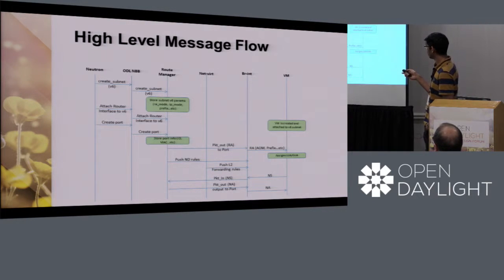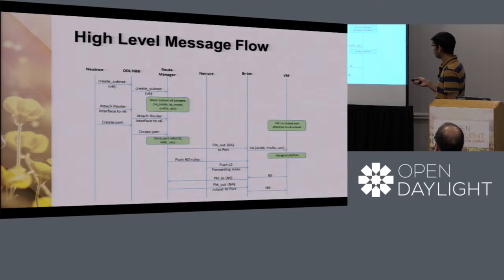The route manager will listen to all the Neutron events from the northbound side and all the OpenFlow packets from the southbound. It currently handles creation of the subnet for v6, where it gets all the v6-related information and stores it. And whenever a router interface is attached to the v6 subnet, it fetches and stores whatever information it can.